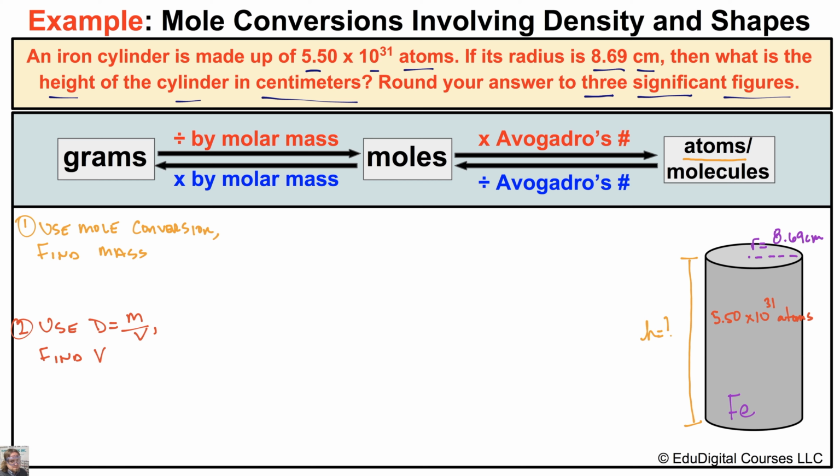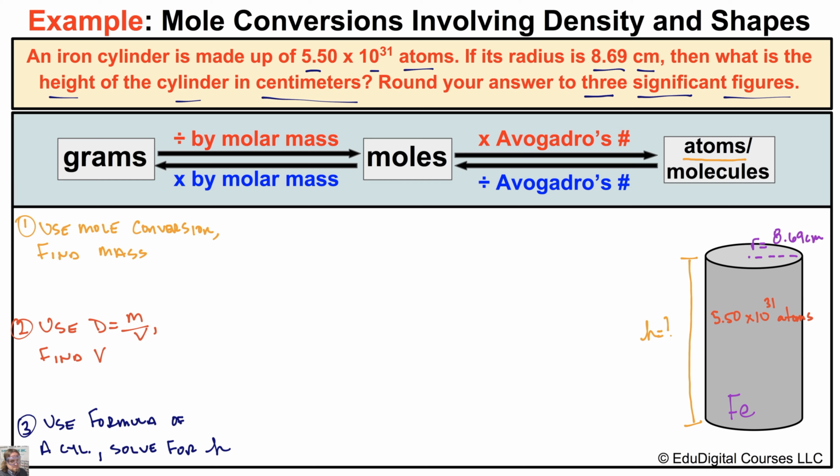And once we're done finding the volume of the cylinder, in our third and final step, we can use the formula of a cylinder and solve for the height. So let's see if this makes sense.